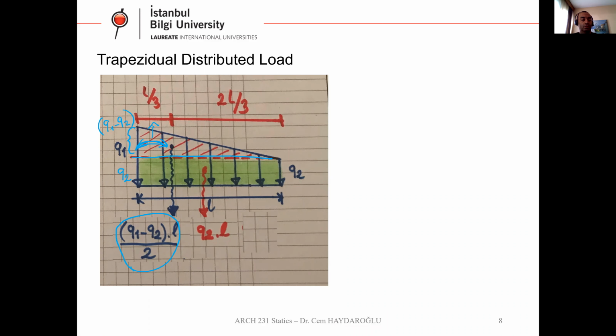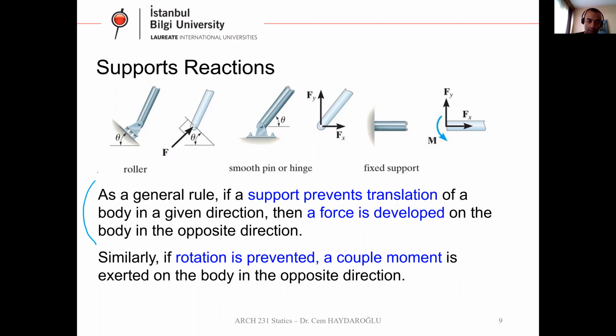We will talk about them one by one in the next stage. But this part is a book definition of support reactions. Support is in Turkish mesnet. Support reaction is mesnet tepkisi. Support reactions.